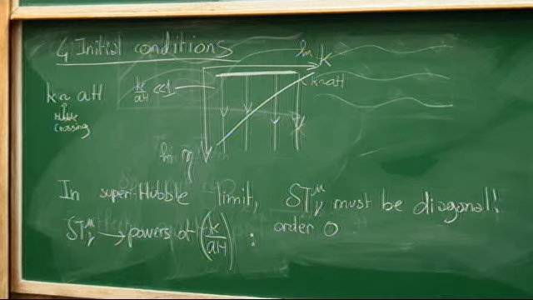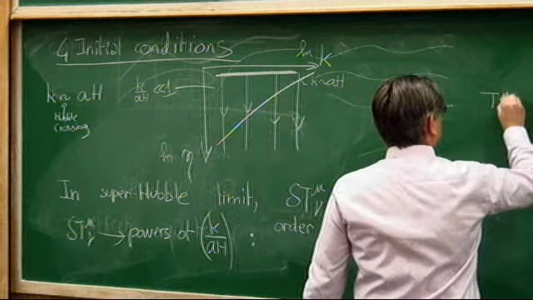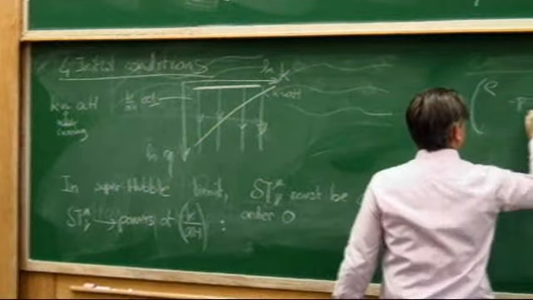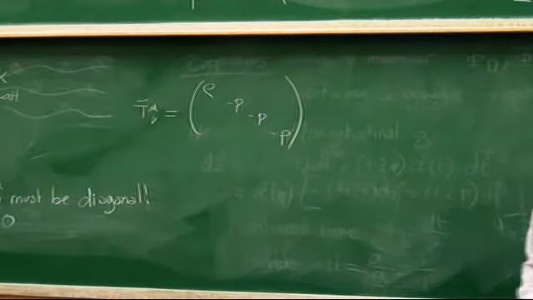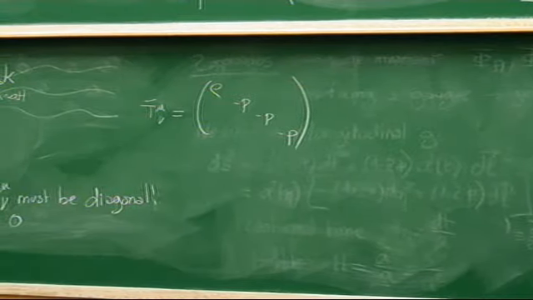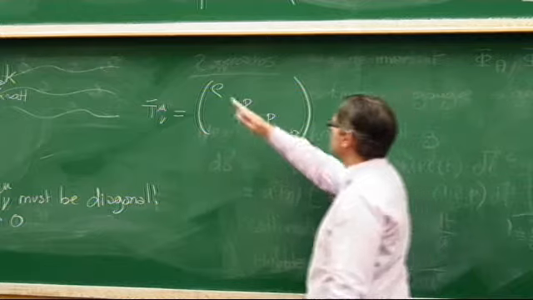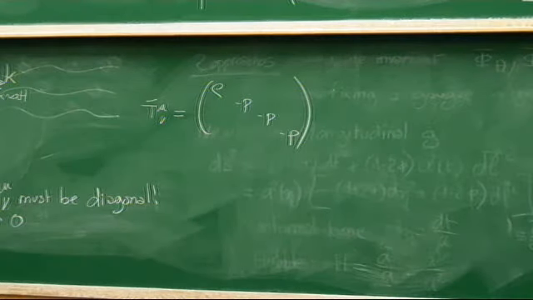Now, the background T mu nu must be diagonal. You know this form, and probably you remember why it must be diagonal. I don't know if Ed explained it in detail or not, but being diagonal is a condition for being compatible with the assumption of homogeneity and isotropy.